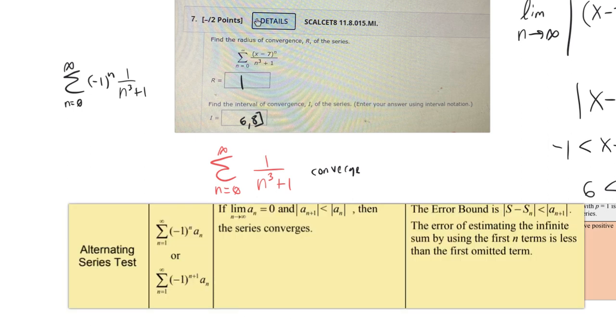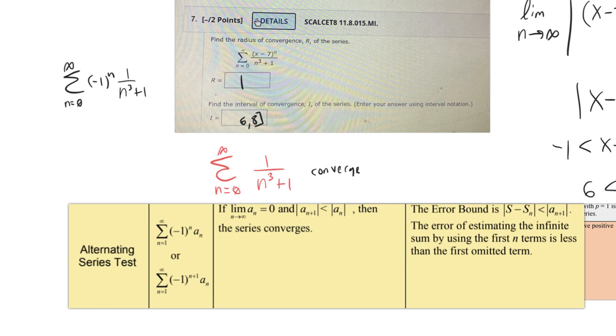So if we're dealing with an alternating series, then if we can show that the limit as n approaches infinity of this expression, not the -1 part, but the a sub n part, equals 0, well, that's one criterion. So is that true?